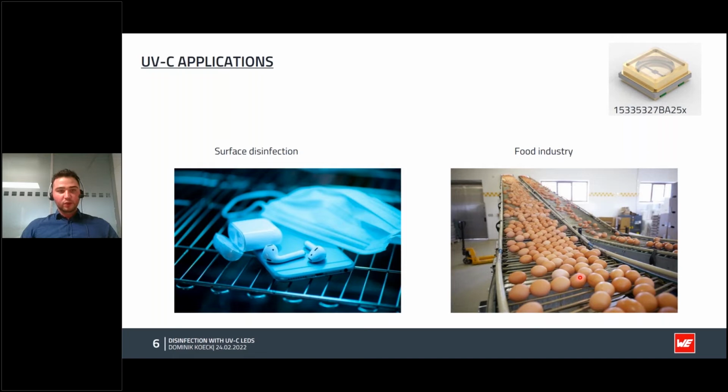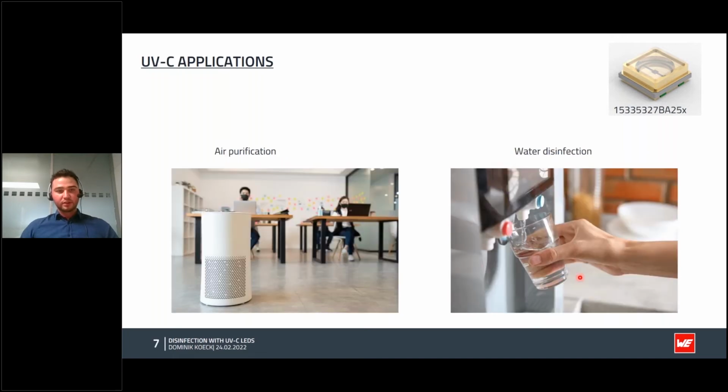But I guess currently the most important application would be the air purification due to the coronavirus, which is transmitted through water droplets in the air. There are quite a few interesting applications here where you simply have a filter in a ventilation device, and on this filter you shine some UVC light.